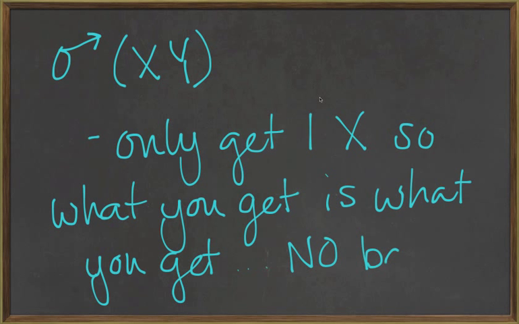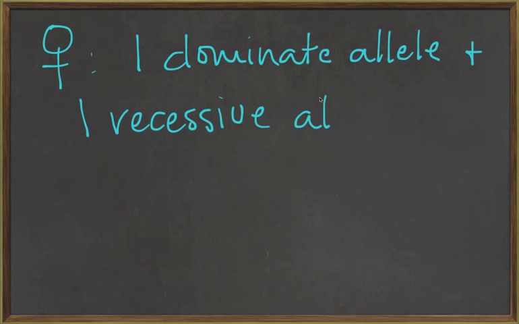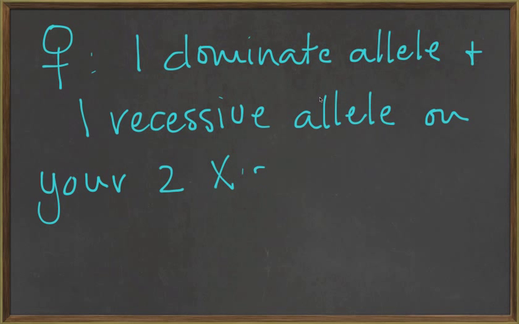No backups. One last thing to talk about, and then I will leave it here, and we will do examples of different sex-linked genes when you get into class, and we'll talk about how they can affect you between male or female. But for my females, one last thing. Say you had 1 dominant allele and 1 recessive allele on your 2 X's.